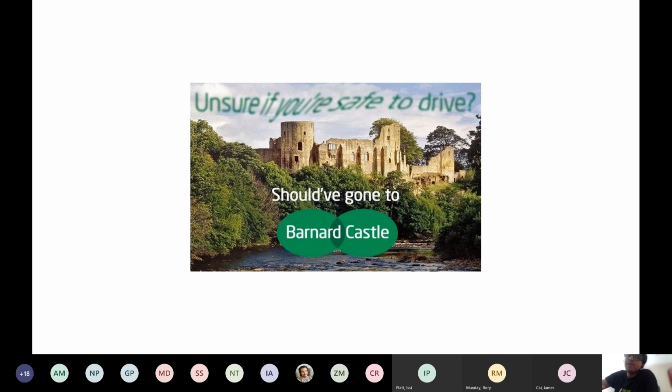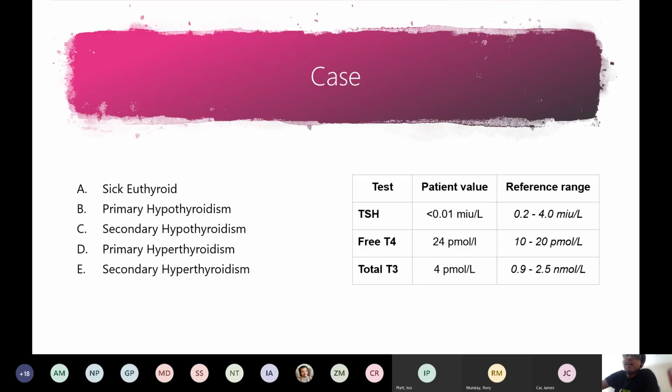So moving swiftly onwards from this meme, this is your first case. I'll put a poll in the chat and you can answer it if you want to.